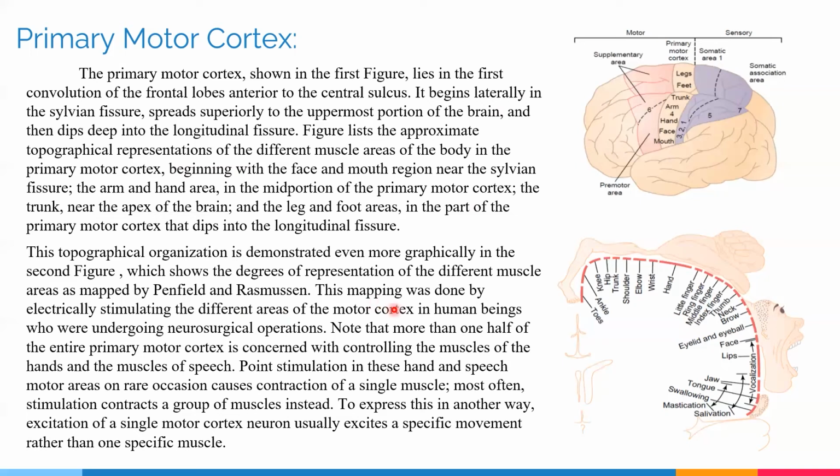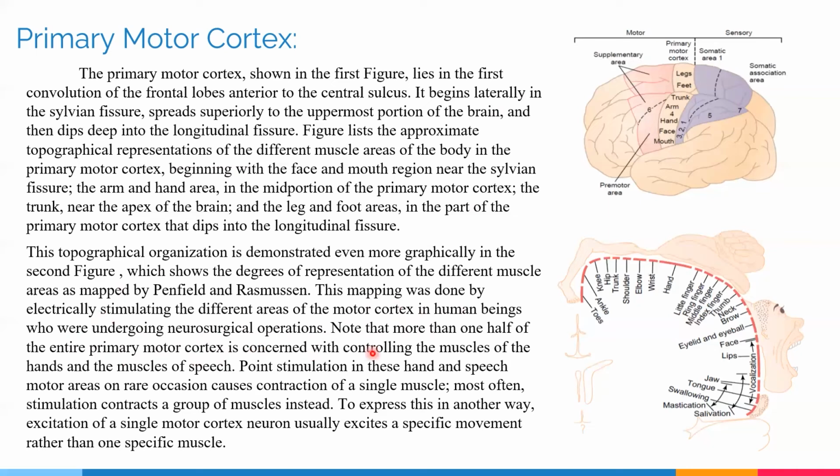This mapping was done by electrically stimulating the different areas of the motor cortex in human beings who were undergoing neurosurgical operations.